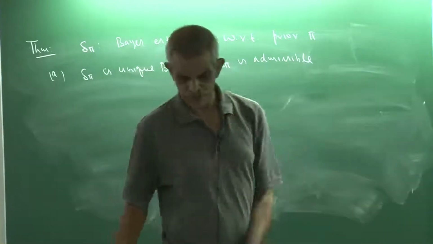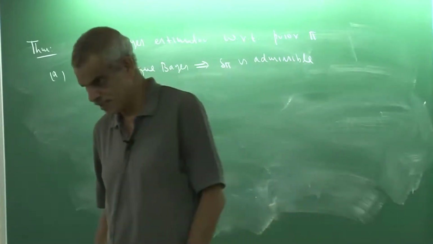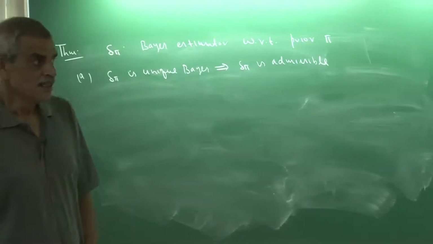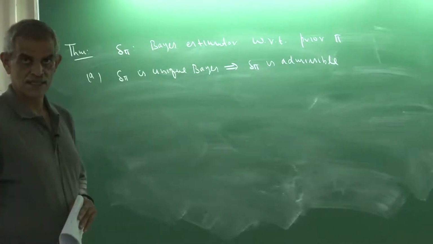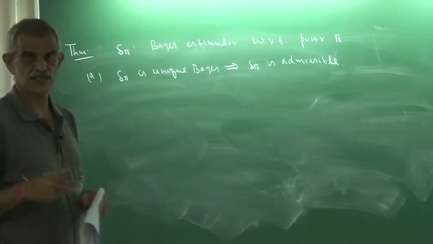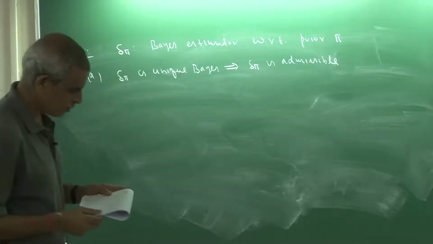Unique Bayes in terms of the definition which I gave, that means if there is any other estimator which is Bayes, then r(theta, delta), the frequentist risk of the two functions, would always be the same for every theta.